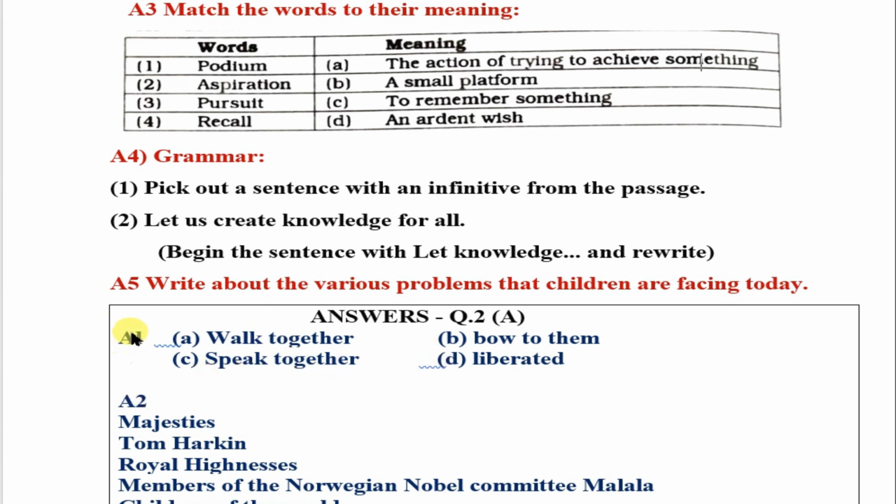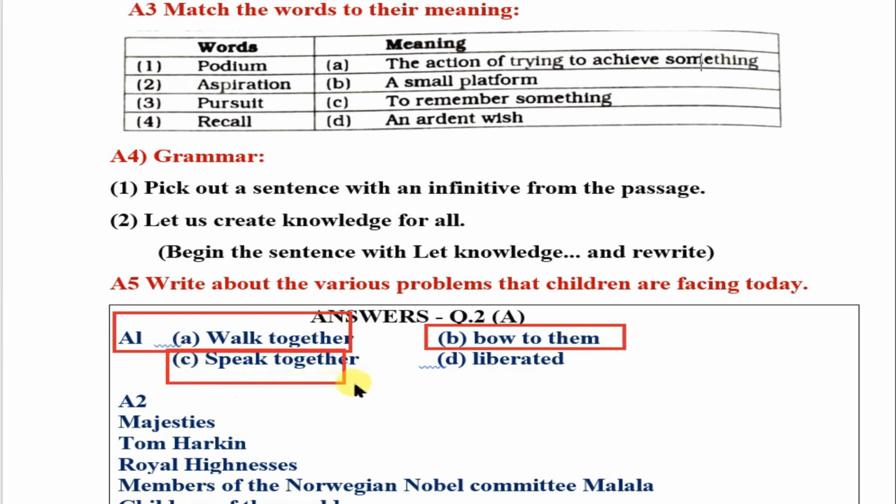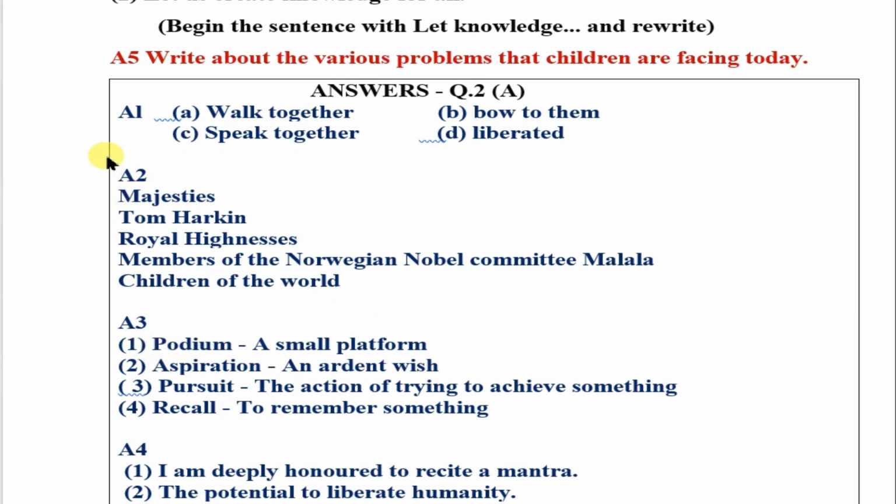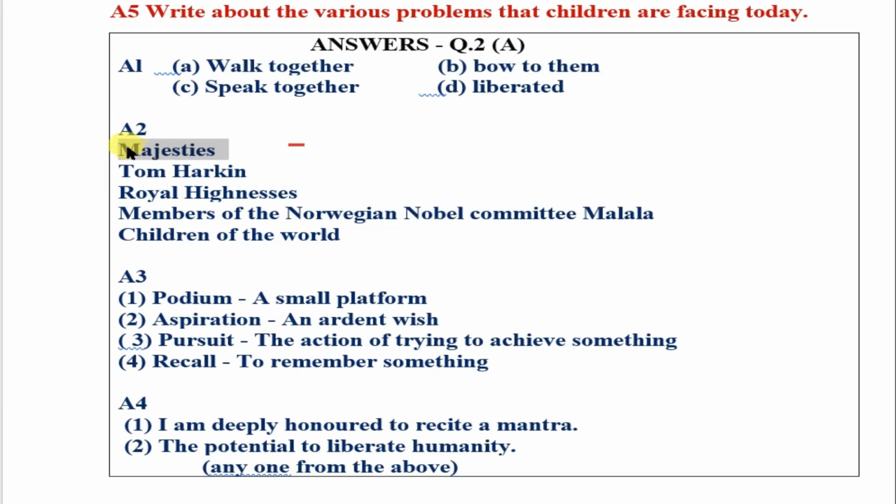A1 was the fill in the blanks. A, walk together. B, honored them. C, speak together. D, liberated. Next activity, the answer of A2, it was to complete the chart, and the sentence was the speech has been addressed to, and you have to use these words to fill up the chart.